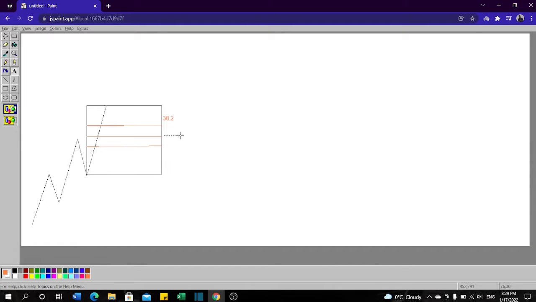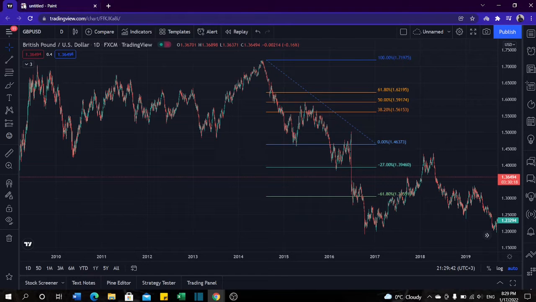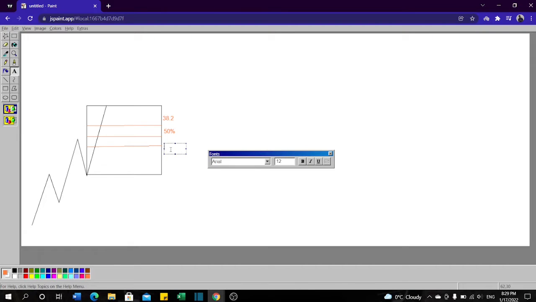This is going to represent our 50% retracement level, and this is going to represent our 61.8 retracement level, right?